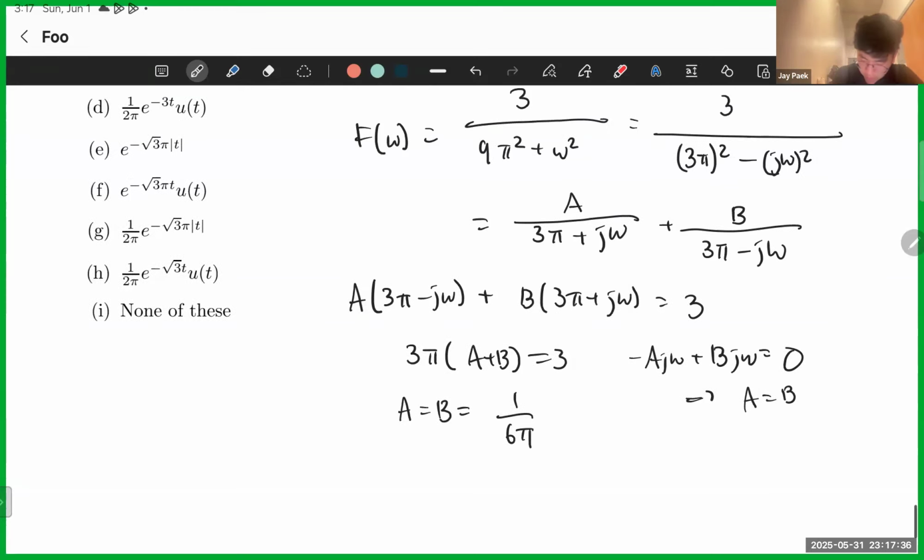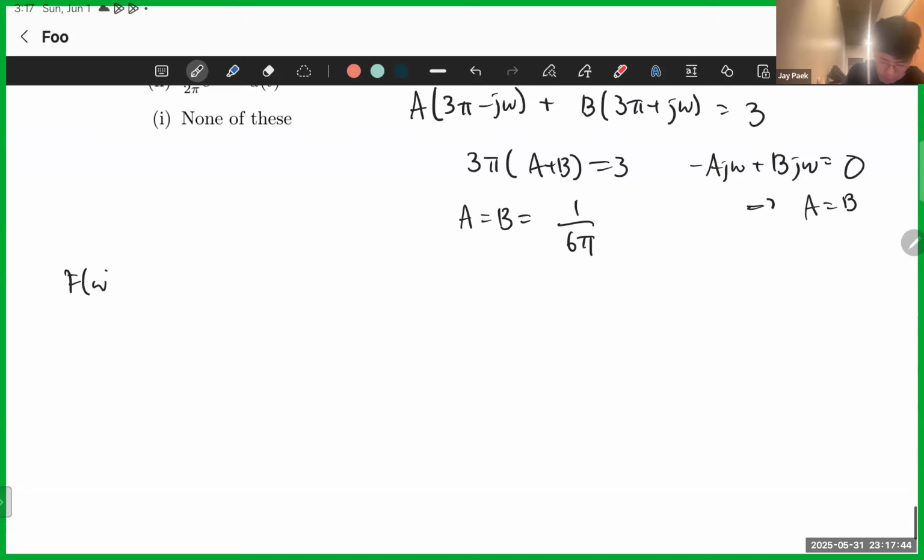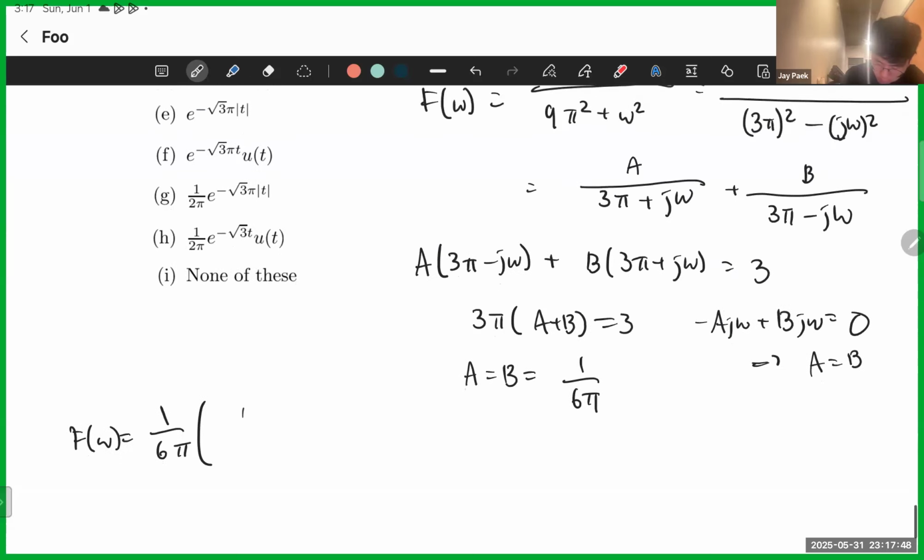And so I just take that. Actually, I'll just leave this. So now we have F of omega is equal to 1/6 pi of 1/(3 pi plus j omega) plus 1/(3 pi minus j omega).